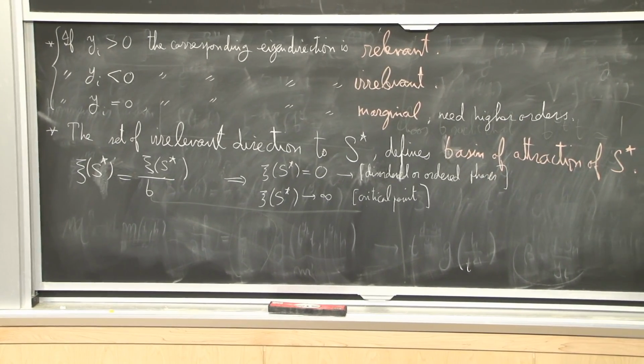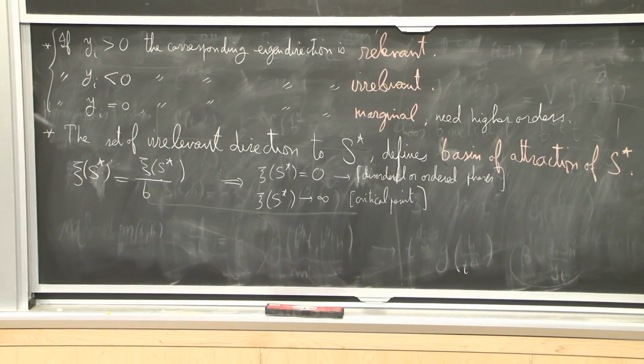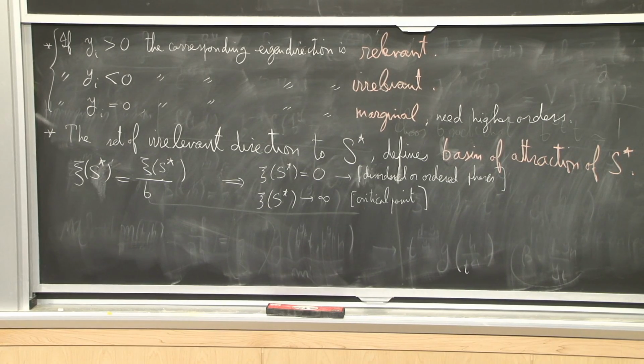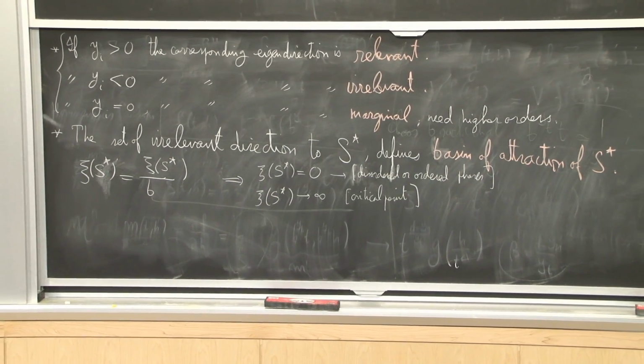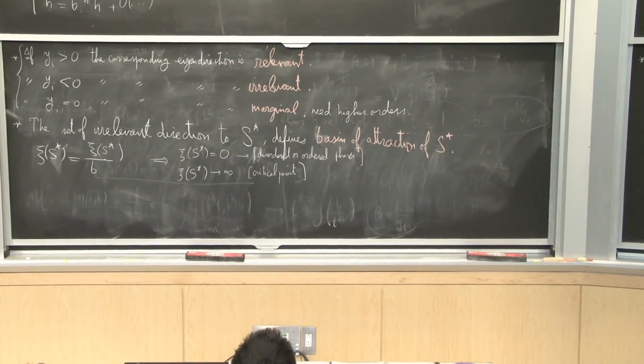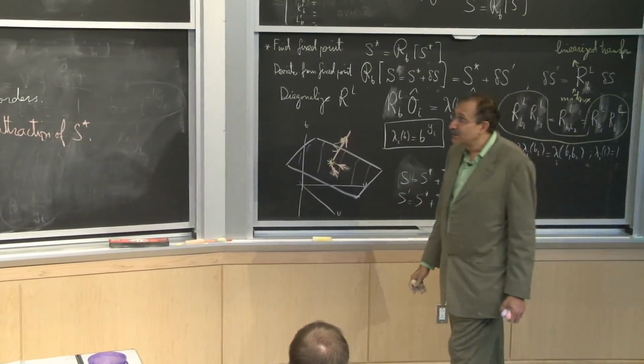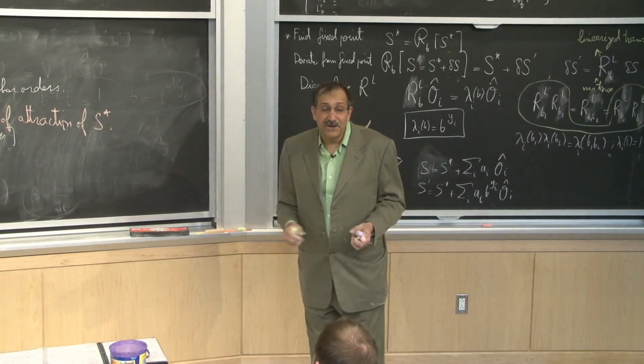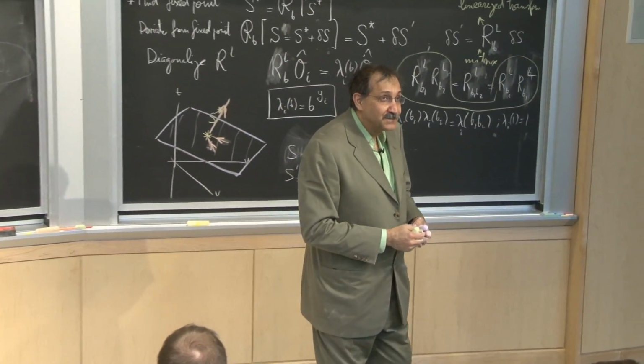So we've established that once we found this critical point, this fixed point, that set of parameters can give us the scale invariant behavior that we want.